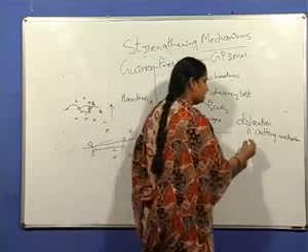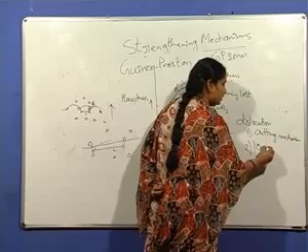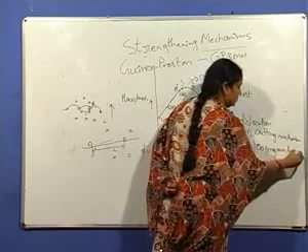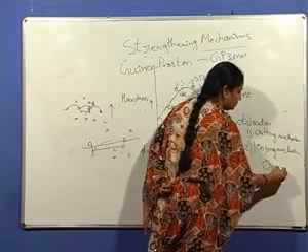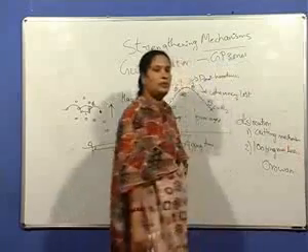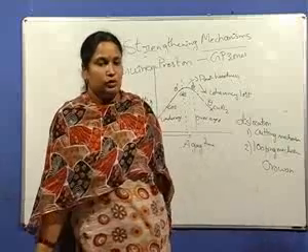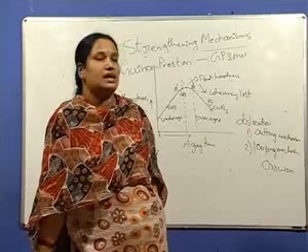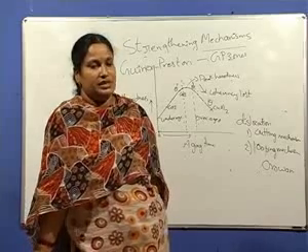And second is the looping mechanism, given by a scientist named Orowan, the Orowan looping mechanism.